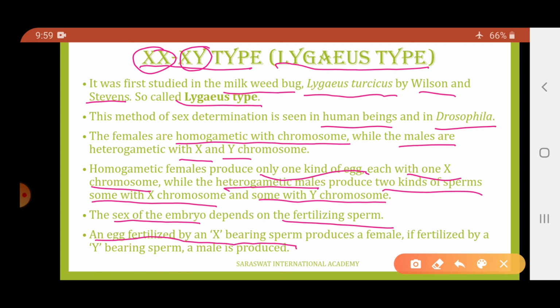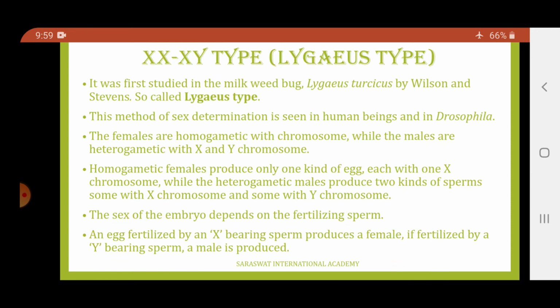If an egg is fertilized by an X-bearing sperm, that is, a sperm which carries the X chromosome, it will develop into a female. Why? Because of two X chromosomes. But if an egg is fertilized by a sperm which contains a Y chromosome, then it will produce a male, because there is one X chromosome and one Y chromosome.